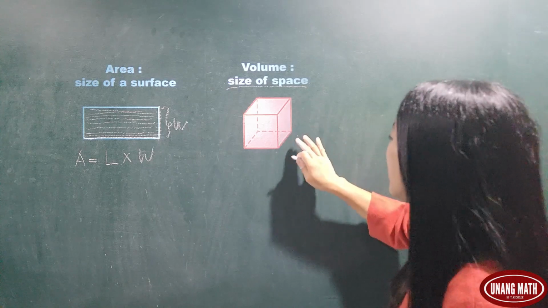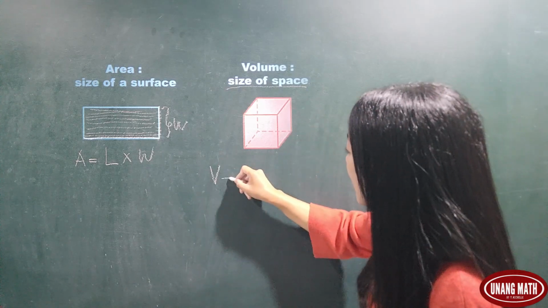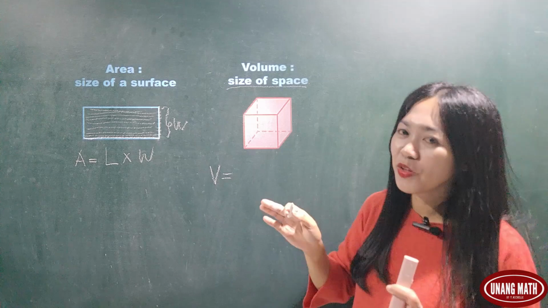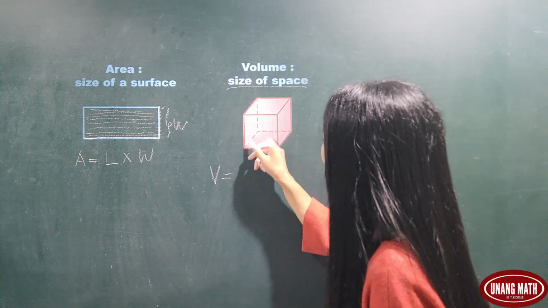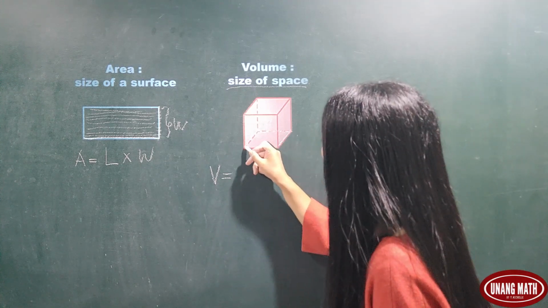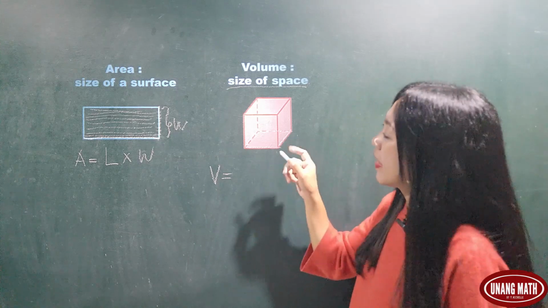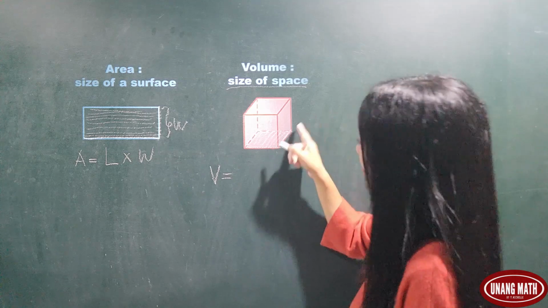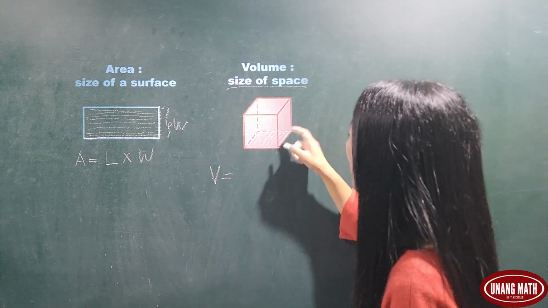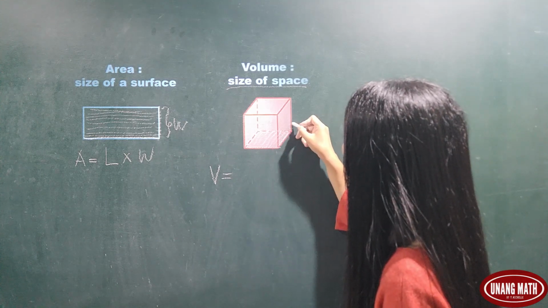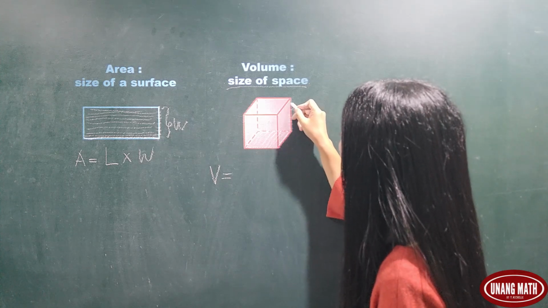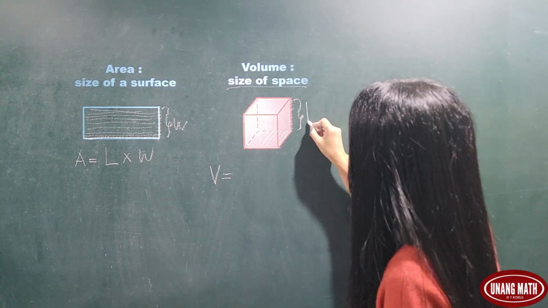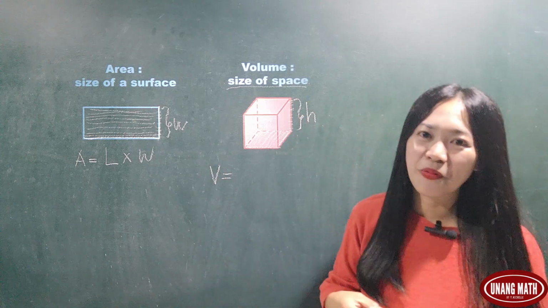Okay, in this prism, to find its volume, what we need to do first is get the area of this base. This base is one layer of this prism. And then, we just have to multiply this one by how many layers, or this refers to the height of the prism.